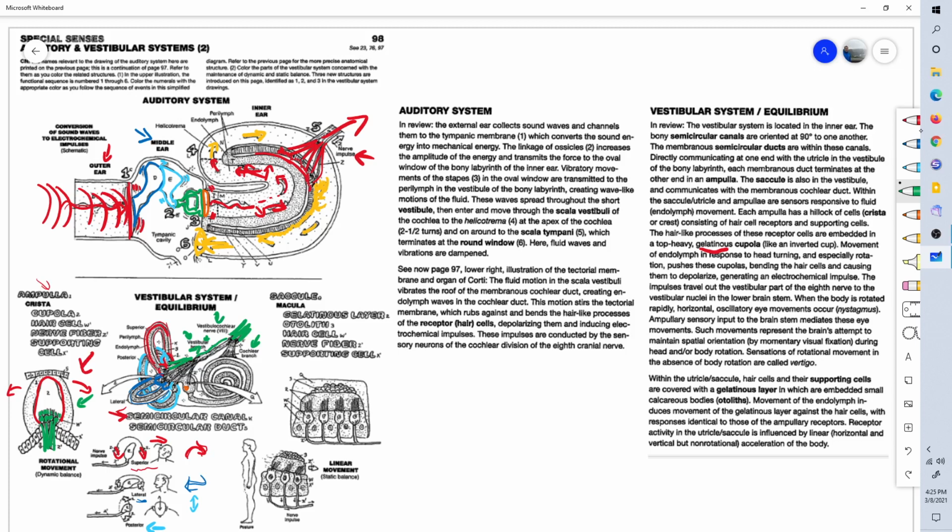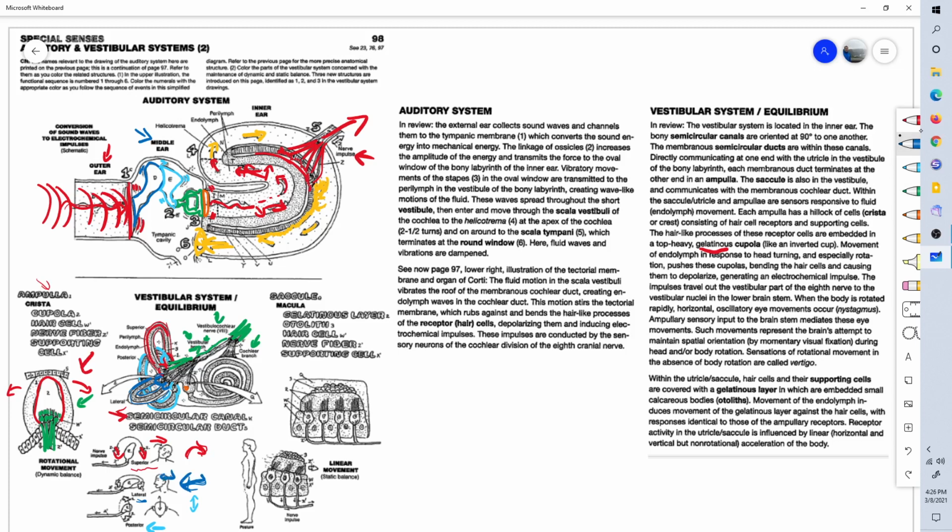It's going to send a signal up to the brain as to balance, or the head's moving left, the head's moving right, etc. Now, let's say you turn your head to the side, a different motion. Turn your head this way.